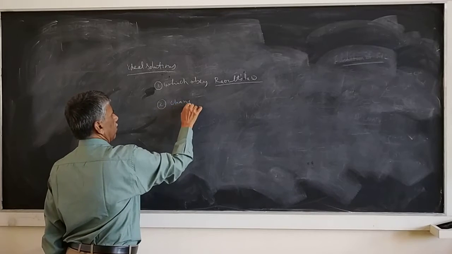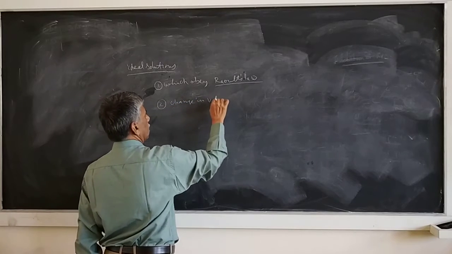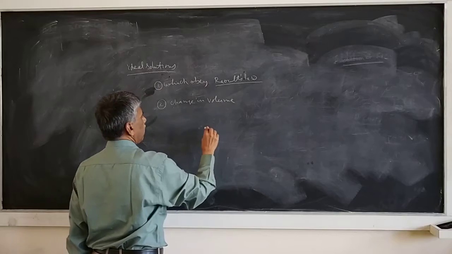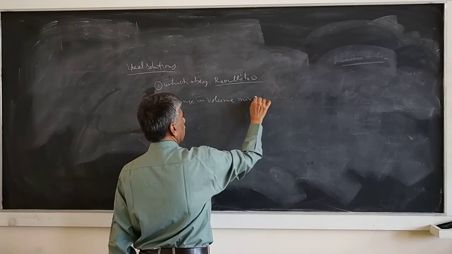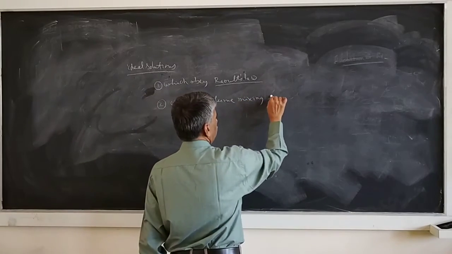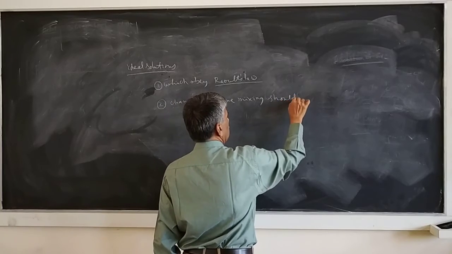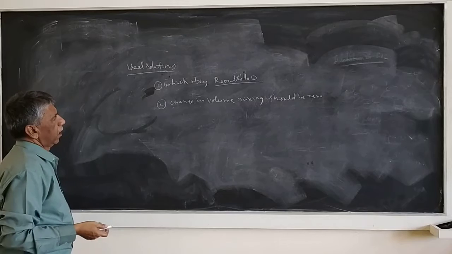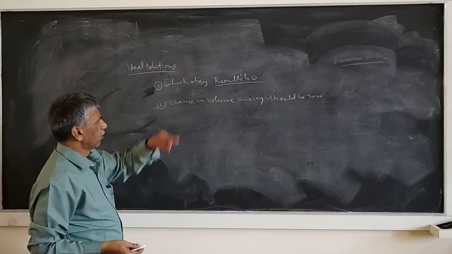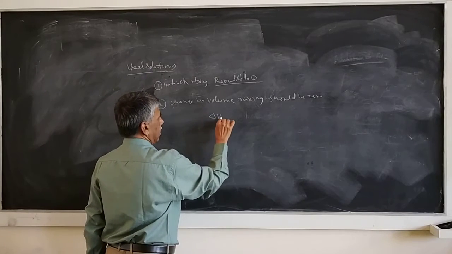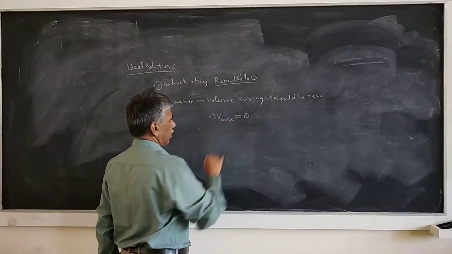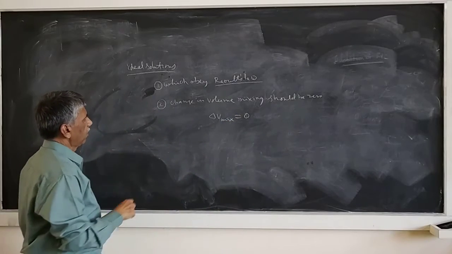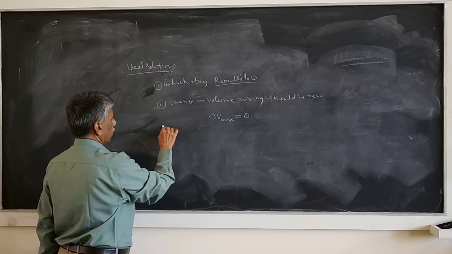The other condition is that the change in volume on mixing should be 0. This is one more condition to be an ideal solution. Delta V mixing is equal to 0. This is the second condition for an ideal solution.